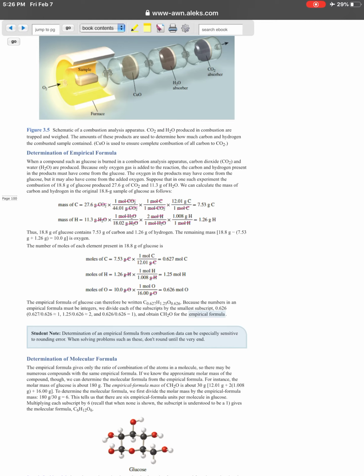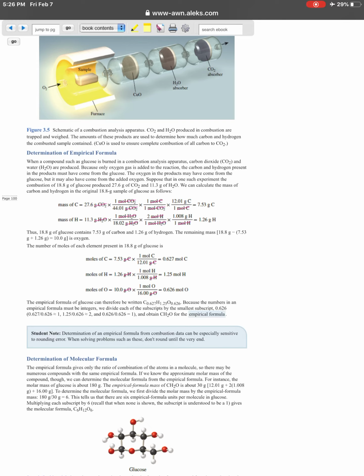The numbers given in this example problem are, you have a sample that has a mass of 18.8 grams. That's the mass of the carbon, the hydrogen, and the oxygen together in the sample. In this particular reaction, they're using glucose, C6H12O6. So we already know what the formula is, but we're going to go through the calculation anyways.